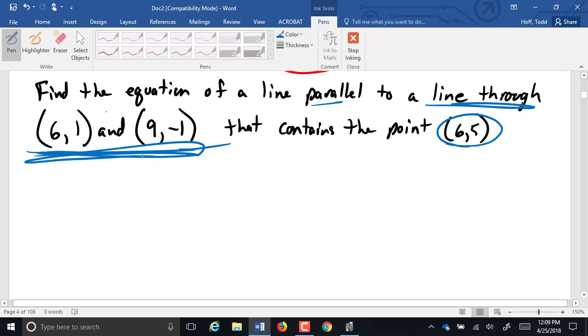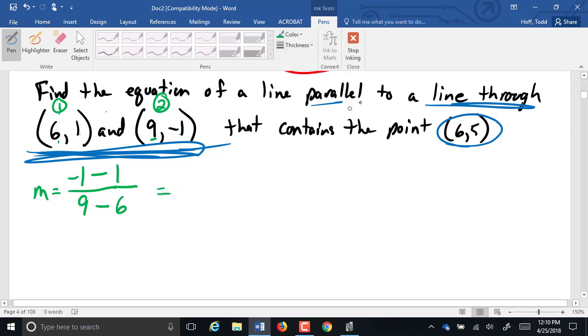So from these first 2 points here, all we need is the slope. To find the slope, I'm going to go back to that slope formula. m equals y2, point 2's y coordinate is -1, minus y1, point 1's y coordinate is 1, over x2, our second x value is 9, minus x1, point 1's x coordinate is 6.